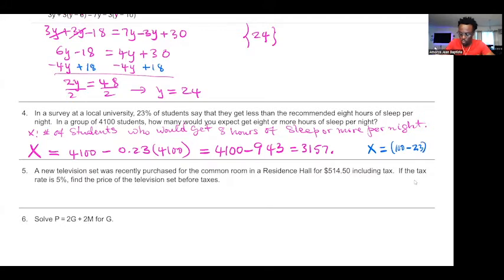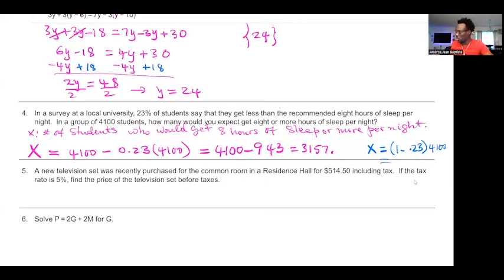That will be, let's say 1 instead. So that's 1 minus 0.23 times 4,100, and then X will be the answer for you.